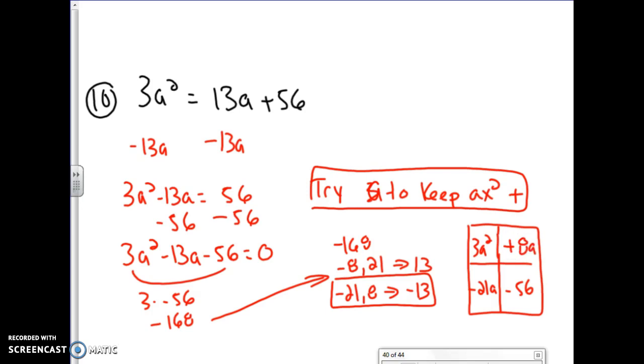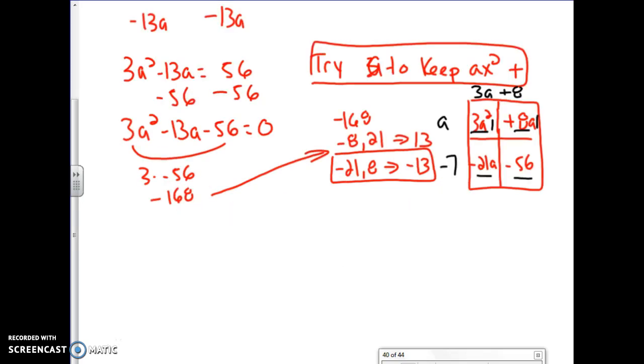For each row and each column, I factor out the greatest common factor. 3a is the greatest common factor there. 8 is the greatest common factor there. A is the greatest common factor between these two. And I think negative 7 is the greatest common factor there. So that leaves me with 3a plus 8 times a minus 7 equals 0.